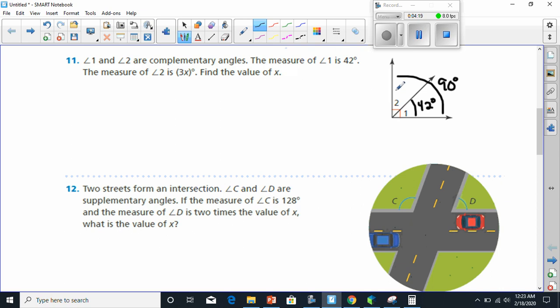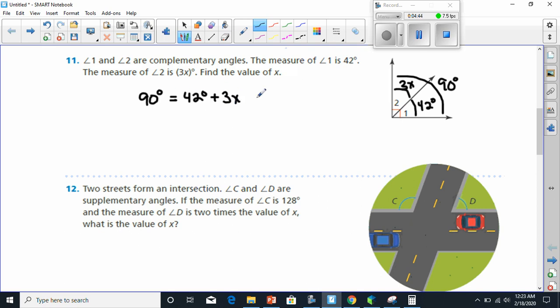The measure of 2 is 3x, so this is 3x. Find the value of x. We know that 90 degrees is equal to 42 degrees plus 3x.